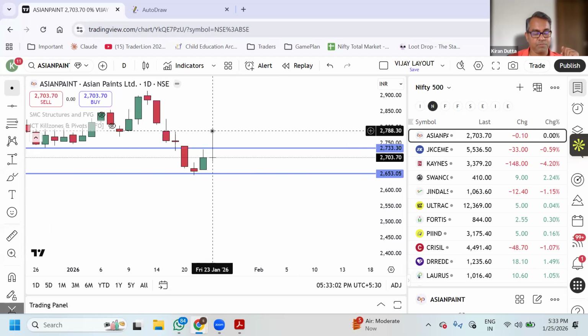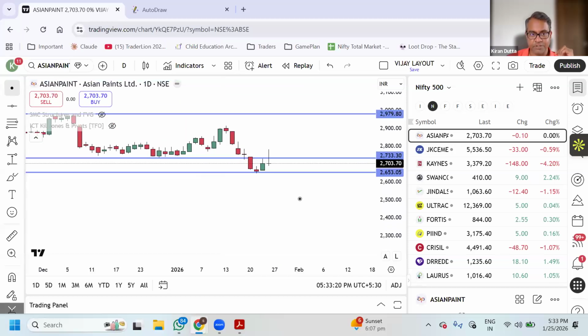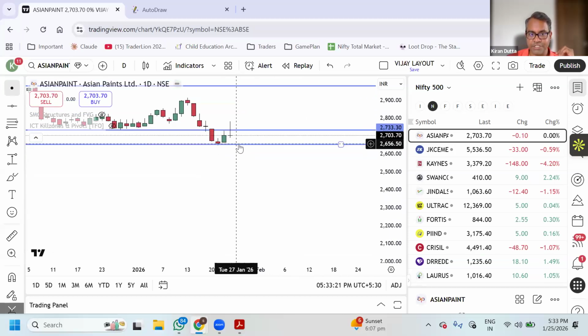Of course, it's just because of the market condition, every stock fell, but there was a strong pressure that came from the top. But as long as Asian Paints is not breaching this 20.